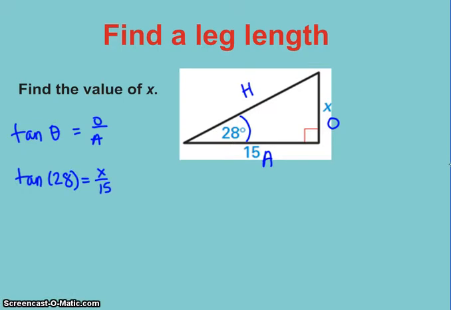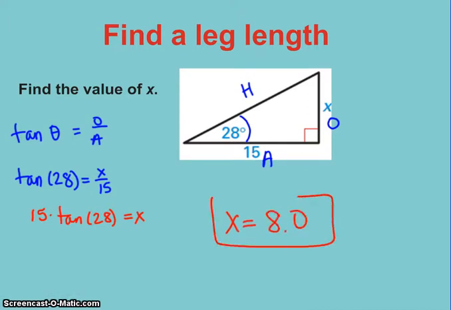When x is up high, you multiply. So to get rid of this divide by 15, I would multiply both sides by 15. And x needs to be rounded maybe? It doesn't say. Alright, so when I type it in my calculator, I get 8. So I'll round it to the nearest decimal point, 0.